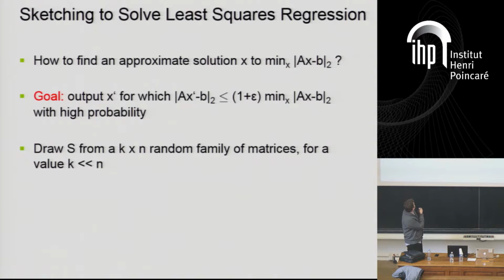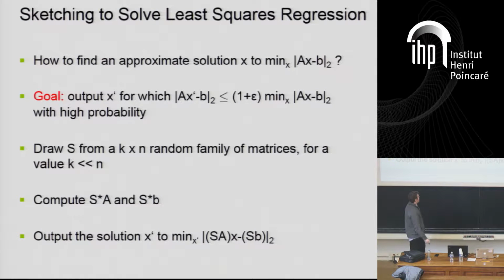And you just choose this matrix S. Then you compute S times A and S times b. And now all you do is you replace the original matrix A in the regression problem with S times A, and the original vector b with S times b.